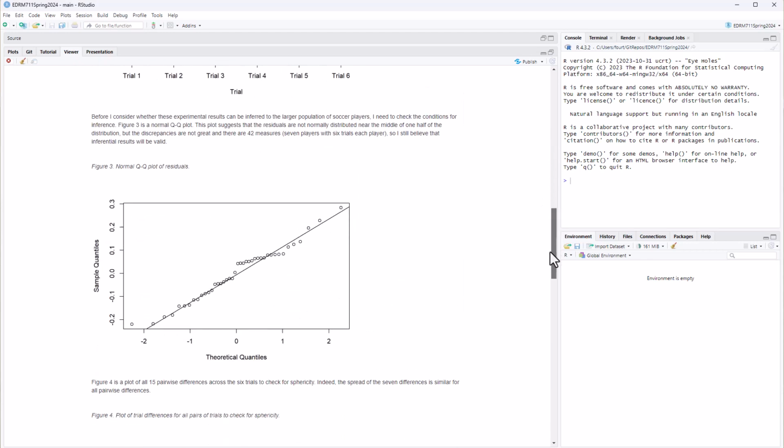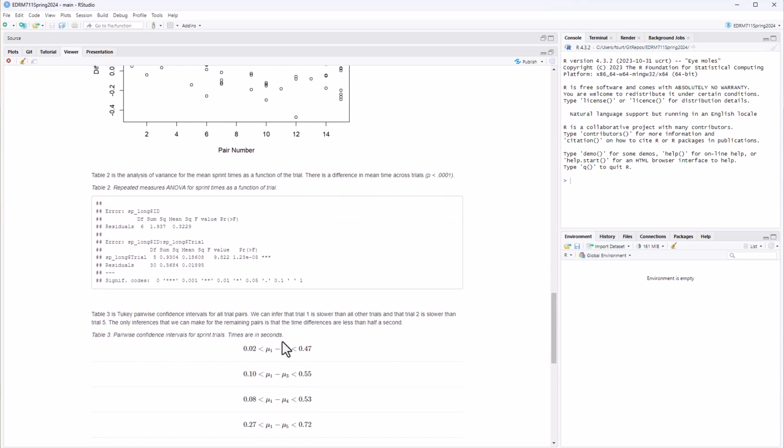We can go down to our analysis of variance table here and note that what we did is we took out the variation that was due to between units. You can see here in this term it says ID, and ID was for every single soccer player.